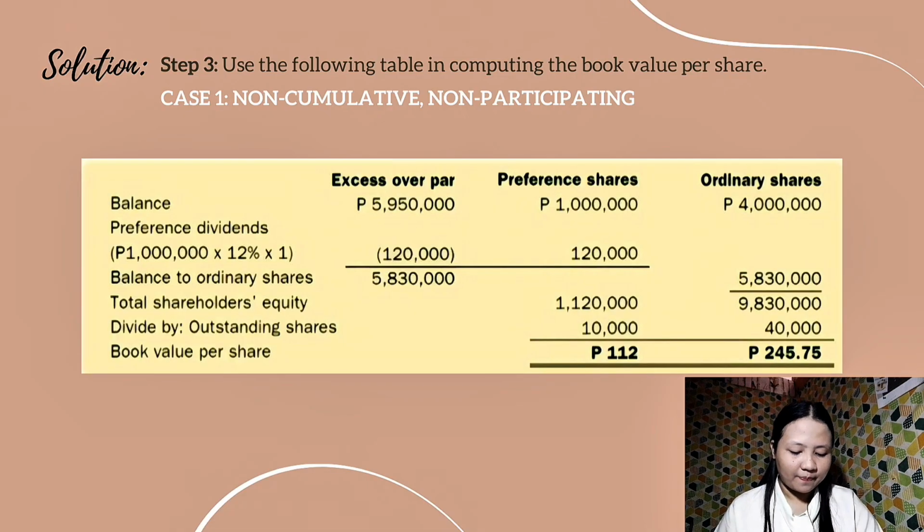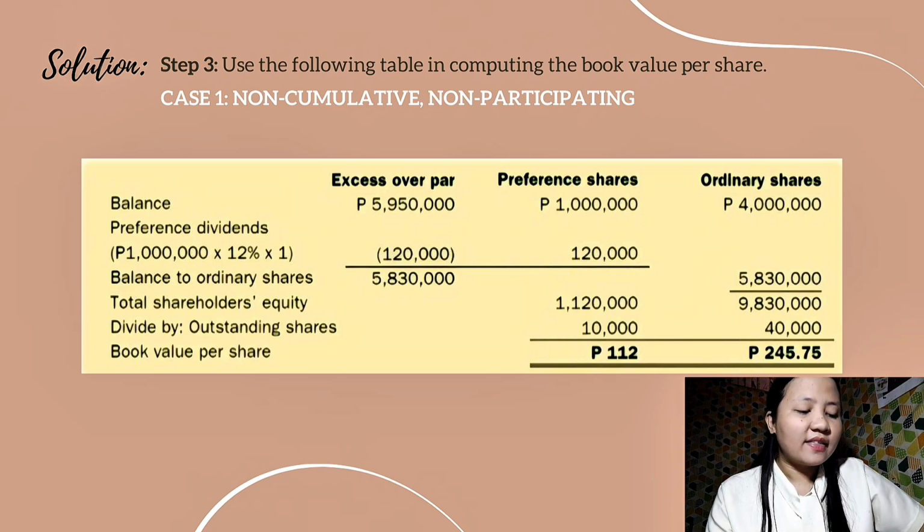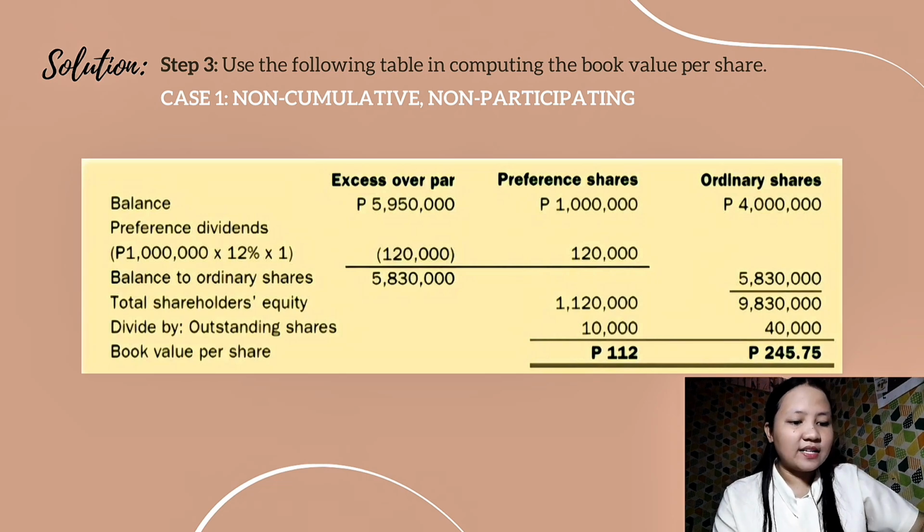So for preference shares, we have 1,120,000 divided by 10,000 outstanding shares. It will give us a book value per share of 112 pesos for preference. For ordinary shares, we divide 9,830,000 by 40,000.